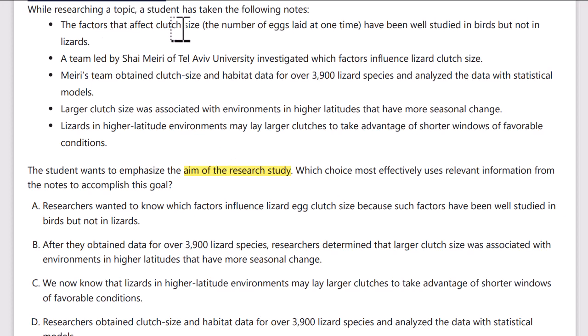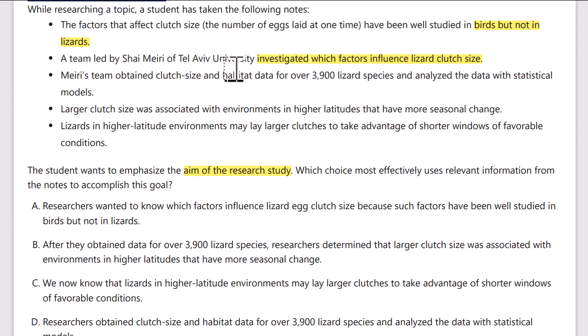The factors that affect clutch size, the number of eggs laid at one time, have been well studied in birds but not lizards. Okay, so that's our background. A team led by Meiri of Tel Aviv University investigated which factors influence lizard clutch size. So we know a lot about birds, but not about the lizards. That's the background. So they decided they're going to study lizards. That's the aim of this study.